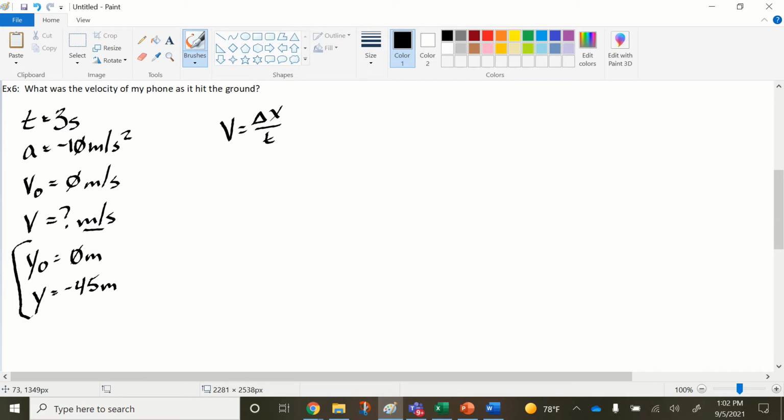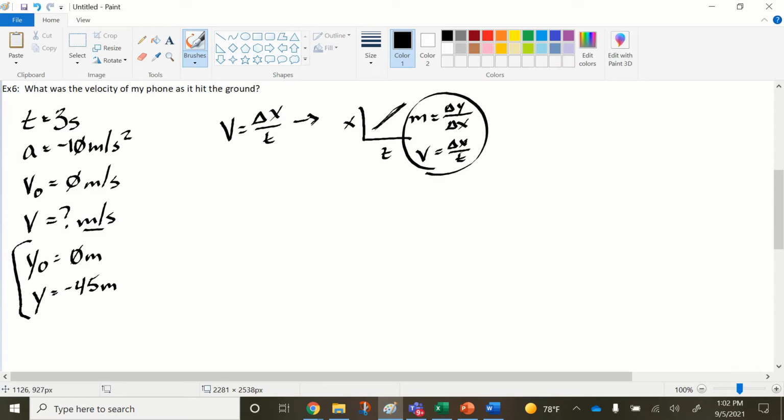It doesn't matter. It just depends on whether you're moving up and down or left or right.